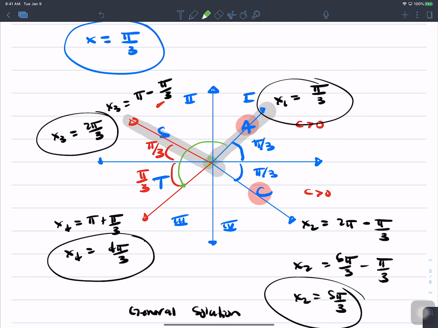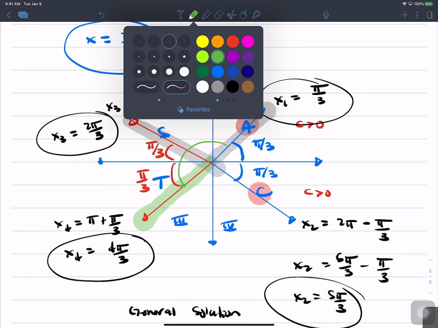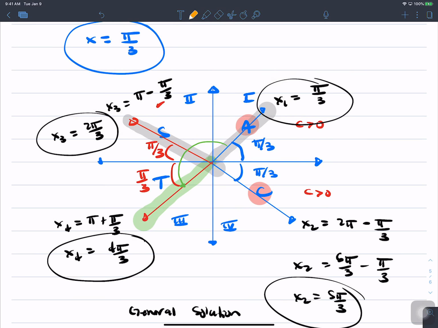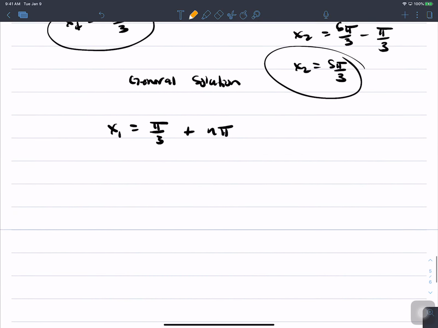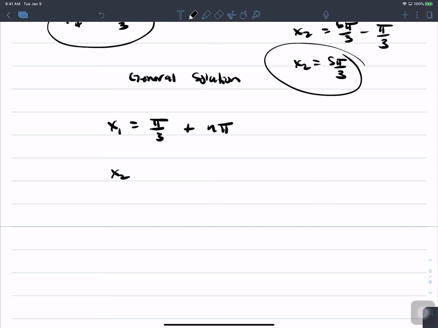We get this next solution here because it's in the opposite quadrant. And then similarly, what I'm going to do is take this x3 solution and rotate this one 180 degrees, and we're going to get the opposite quadrant solution. So we're getting all the solutions here. And we're going to call that one x2 in general, even though that was what we called that initially x3.